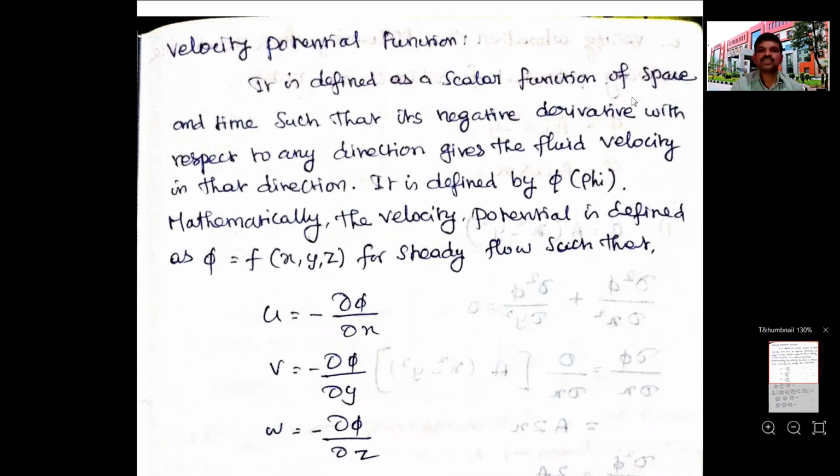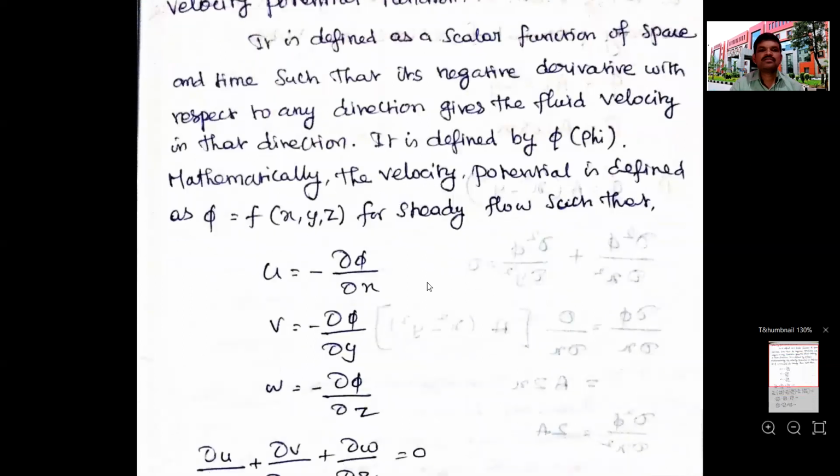It is a scalar function of space and time such that its negative derivative with respect to any direction gives the fluid velocity in that direction. Here the directions are x, y, z, the three directions. The symbol of velocity potential is phi.